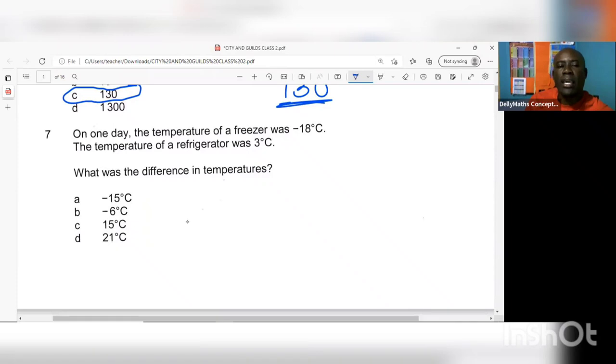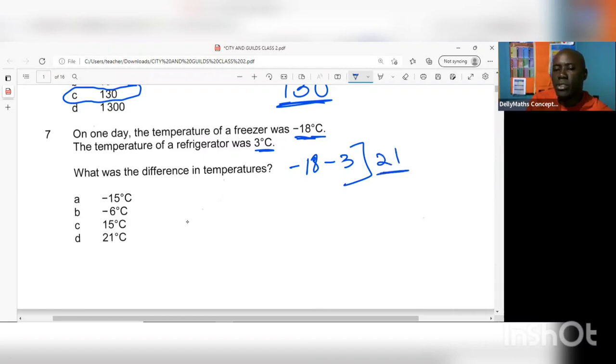On one day, the temperature of a freezer was negative 18. The temperature of the refrigerator was 3 degrees Celsius. What is the difference? We're talking about negative 18 minus 3. The difference in temperature is actually 21.